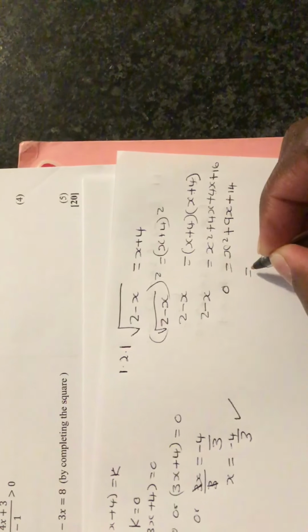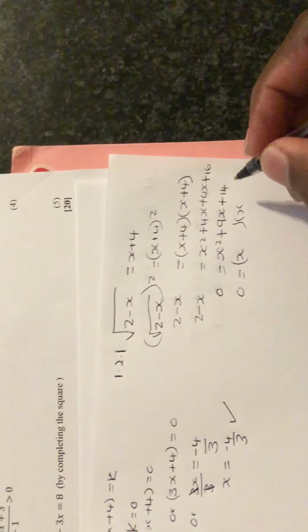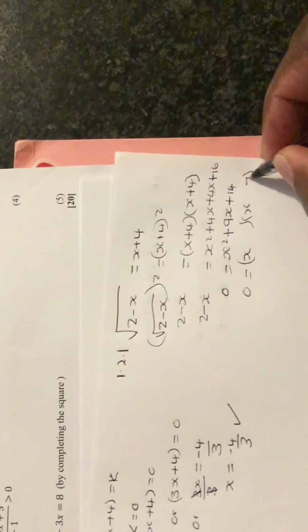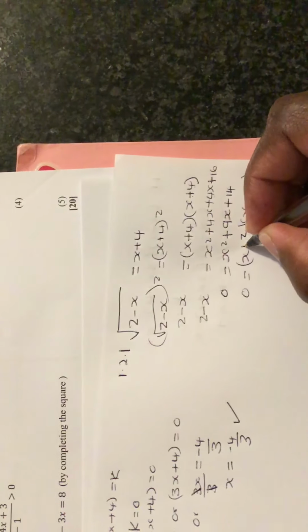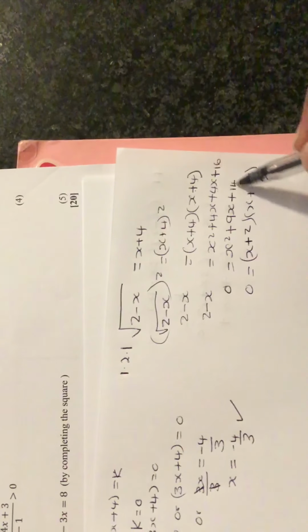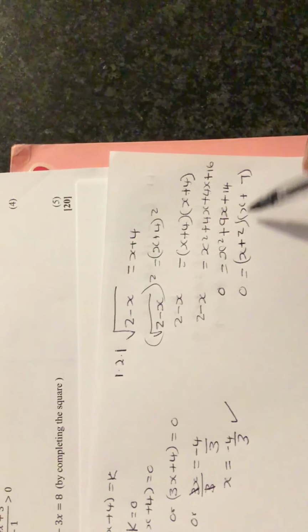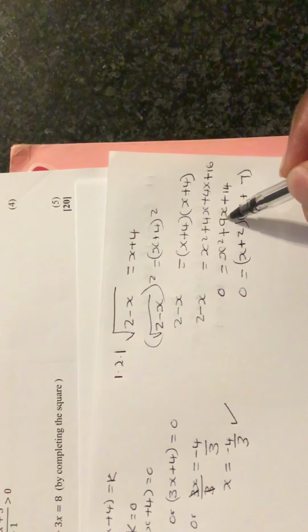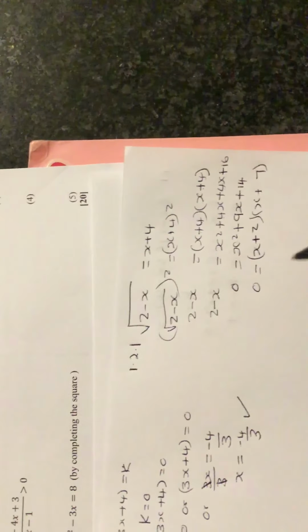And so we've got 0 here, so we factorise. So we've got x here, x over there. So the factors of 14, we know it's 7 and 2. So we put 7, we put 2. And then we ask ourselves in terms of the sign. So the sign is positive, so we're going to put a positive and a positive, because 14 should be positive, and also when we add them, they need to give us positive 9. So that means they should be positive.